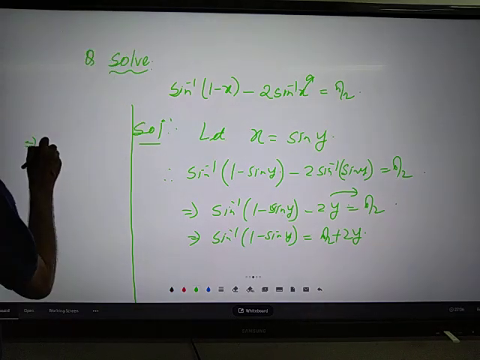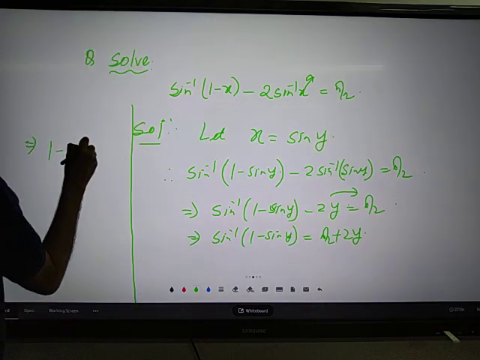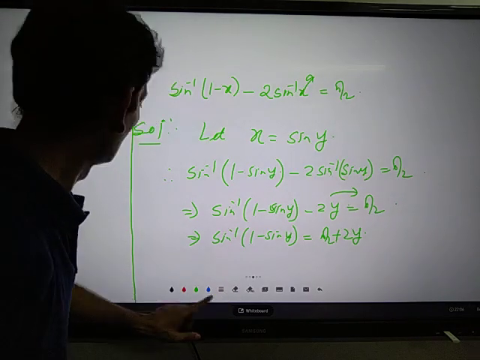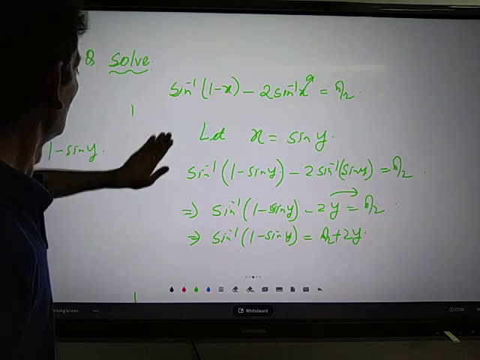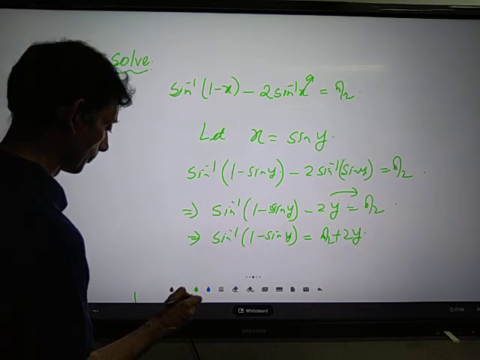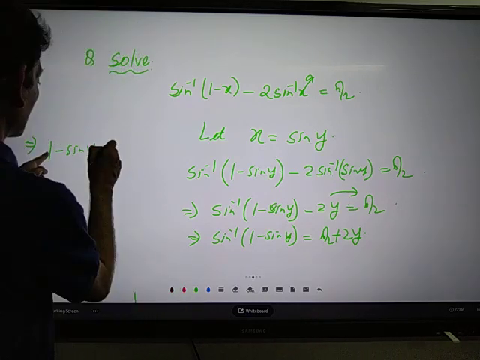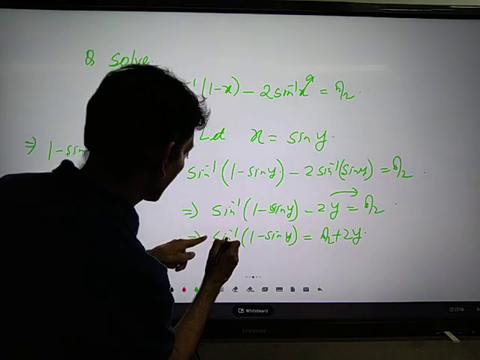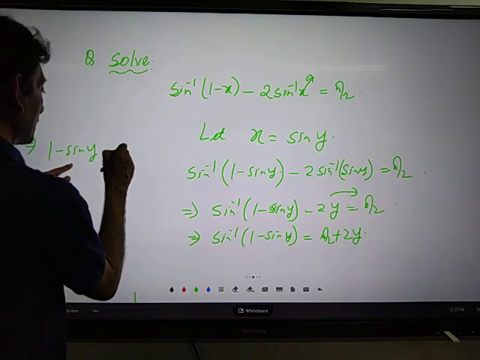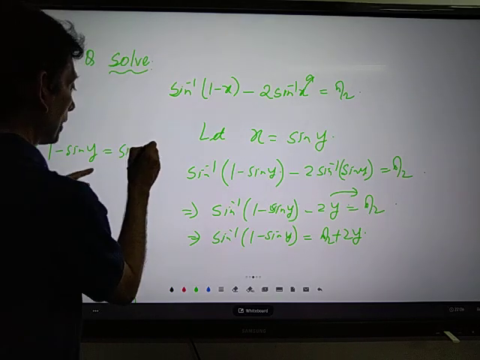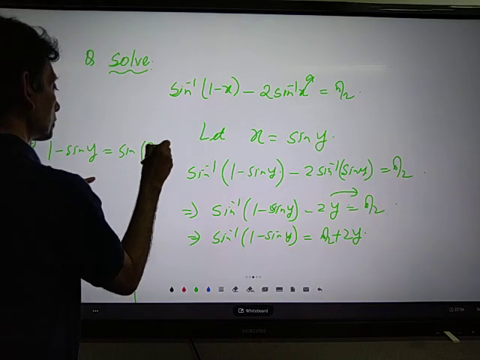1 minus sine y is equal to sine of (pi by 2 plus 2y).